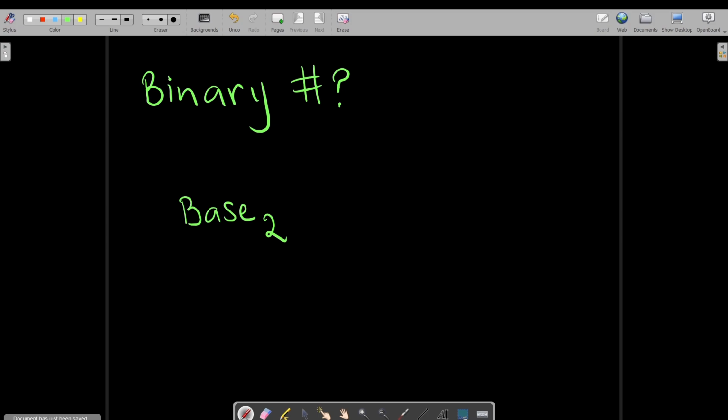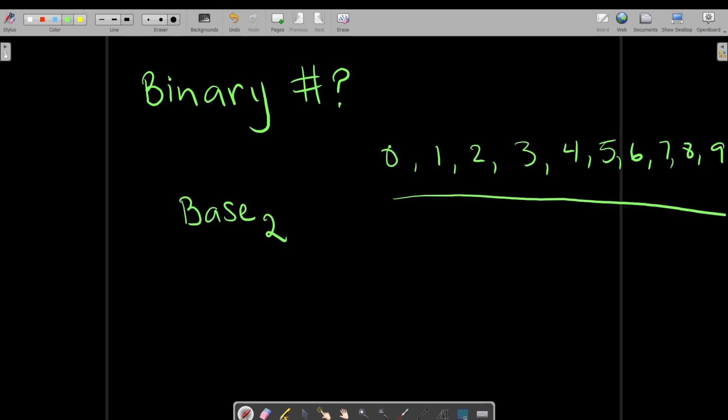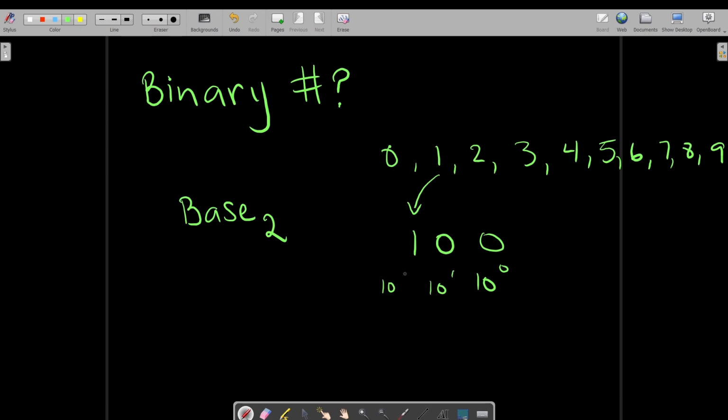Normally in our number system we usually have 0, 1, 2, 3, 4, 5, 6, 7, 8, and 9. This is our base 10 system for representing digits of numbers. For example, if we want to represent 100, we would use the 1 as the hundreds place, and then a 0 and a 0. These would be 10 to the power 0, 10 to the power 1, and 10 to the power 2, respectively.